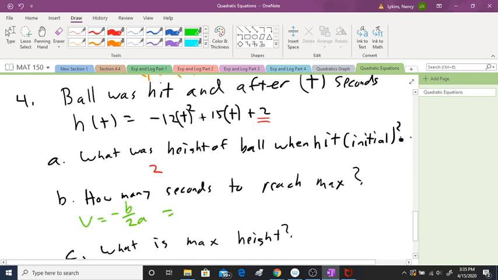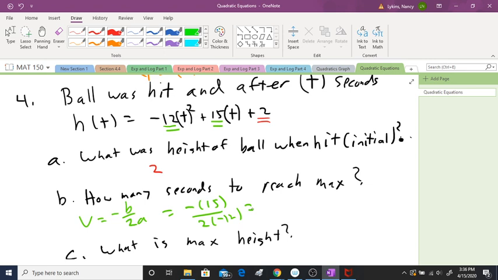My b is 15, and the negative 12 is my a. So I've got negative 15 over 2 times negative 12.